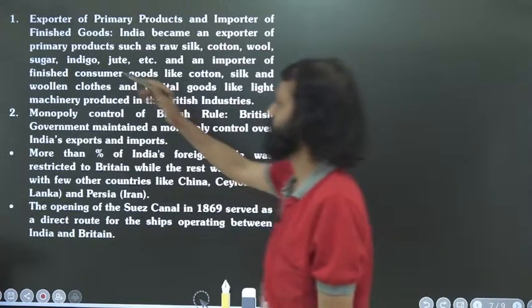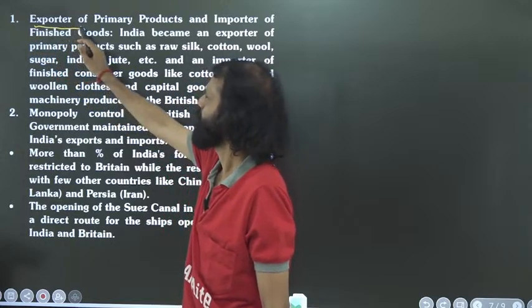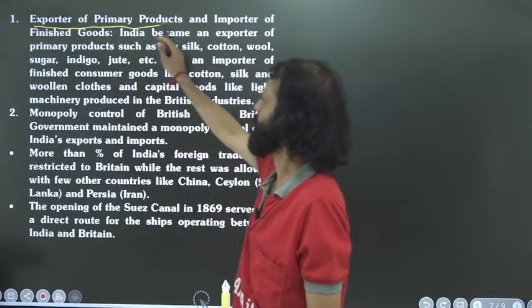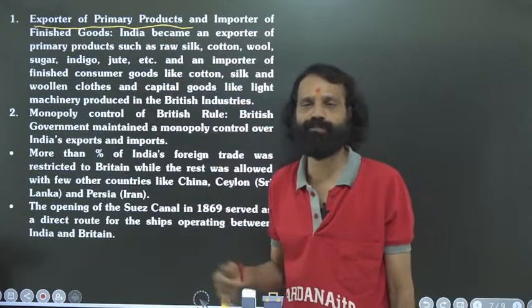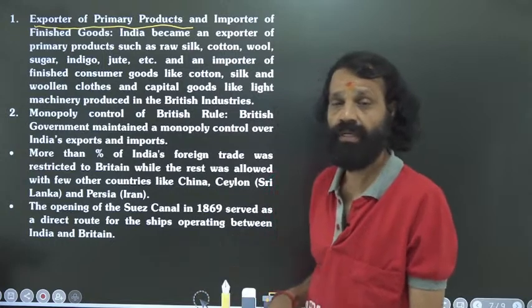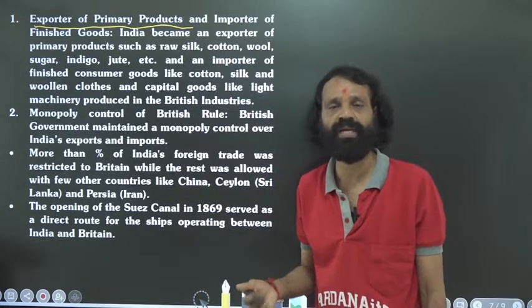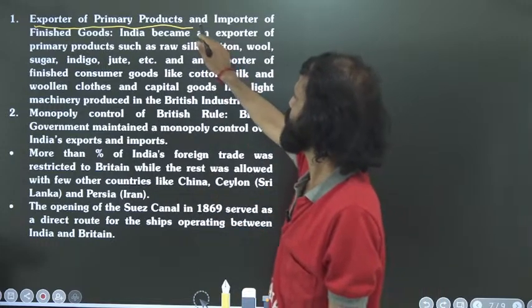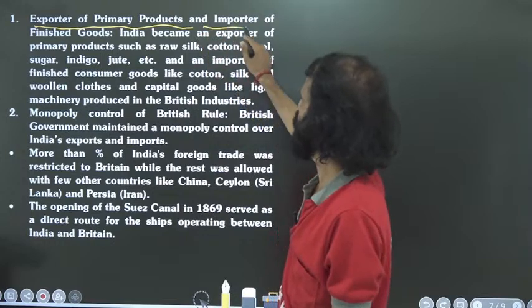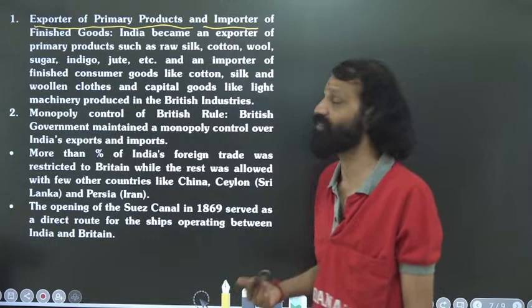They forced us to export primary products, meaning raw materials, from India. Britishers forced our farmers to produce more cash crops rather than food crops. Then they promoted the import of finished goods, from where? From Britain.